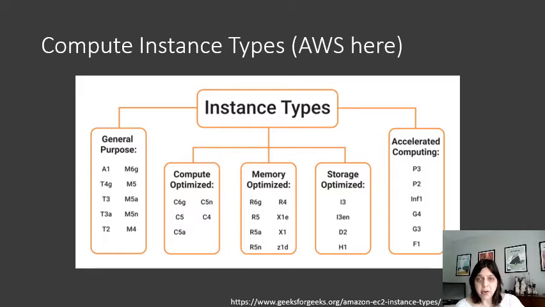And these range all the way from general purpose types of instances to accelerated computing instances with specialized GPUs or hardware that might be exploited by your application to make it much faster. There is a wealth of opportunities to create your perfect dream computer, and if one computer is not enough, you can create a cluster just like you would with on-premise components.